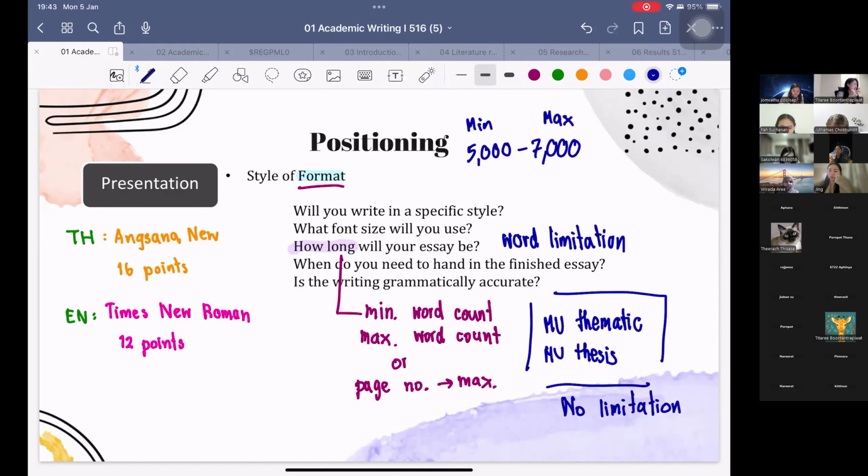Let's say social science students, if you are doing a thesis, your thesis is going to be 100 pages or something close to 100. However, if you are an engineer, let's say in logistics, it might be 40 to 50 pages for your master's thesis.